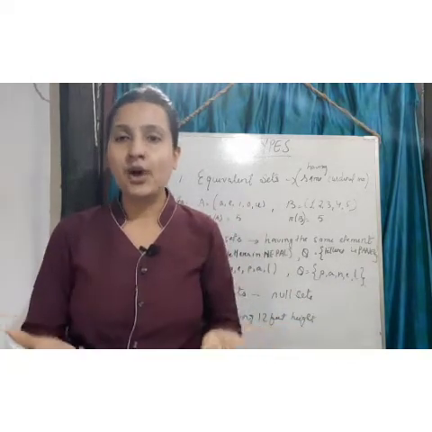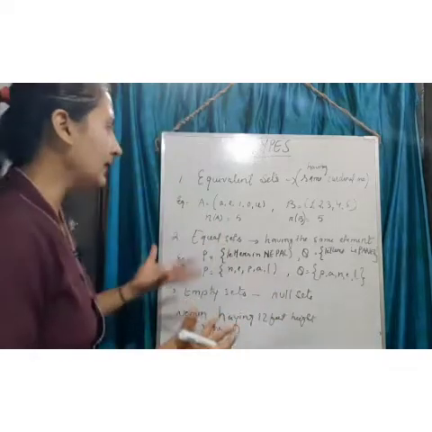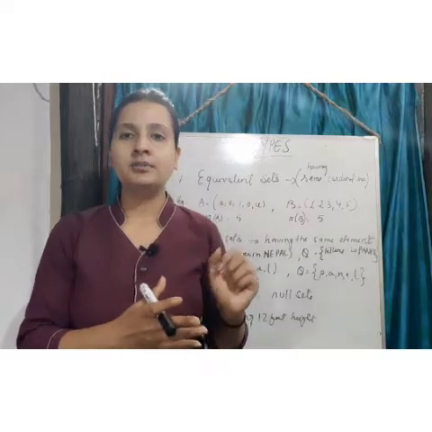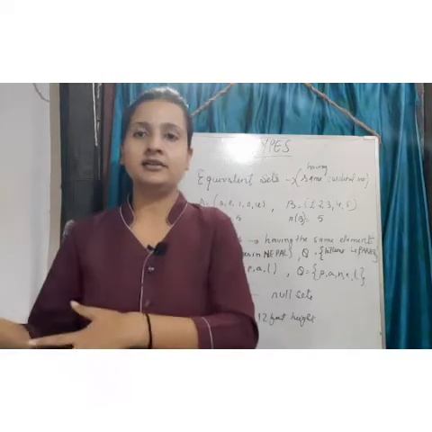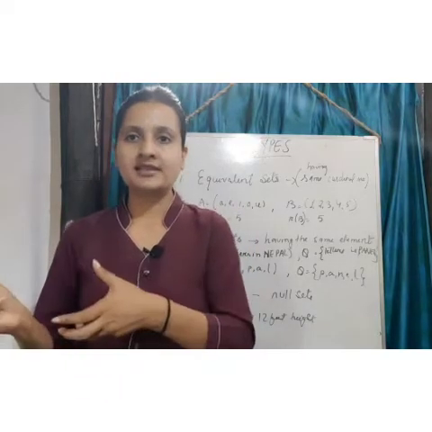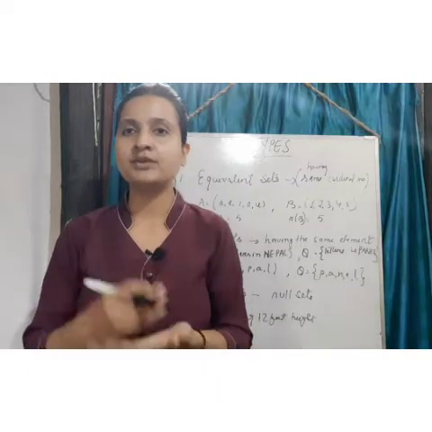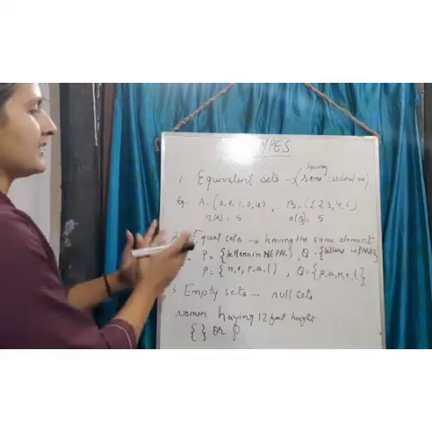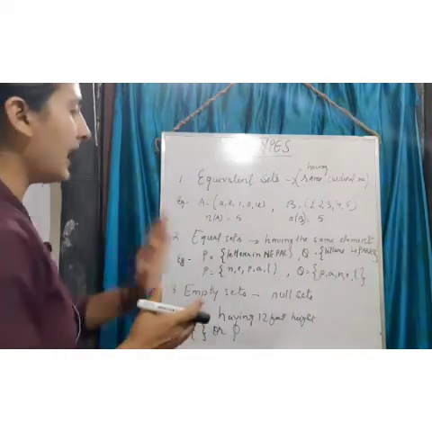They are not the same, right? So they are not equal. Now it may happen that one set has an apple which is bigger in size, and the other has an apple with small size, but both are apples, isn't it? Both have the same element. So equal set means having the same elements.